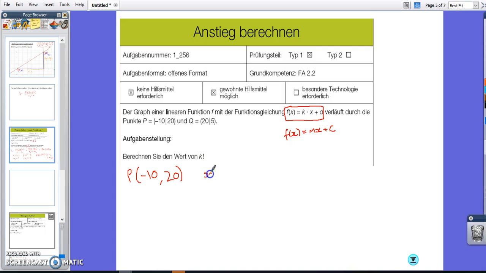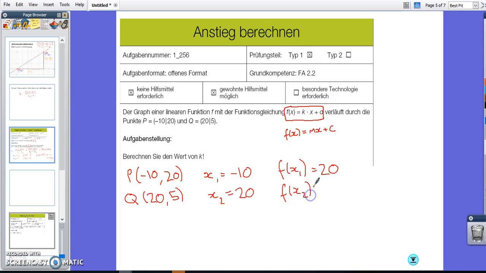We know that then x1 is minus 10, and f of x1 is just this y value here, which would be 20. And for Q, I have 20 and 5. So my x2, my second x value that I know, is 20. And I know that f of x2, so f of 20, is equal to 5.